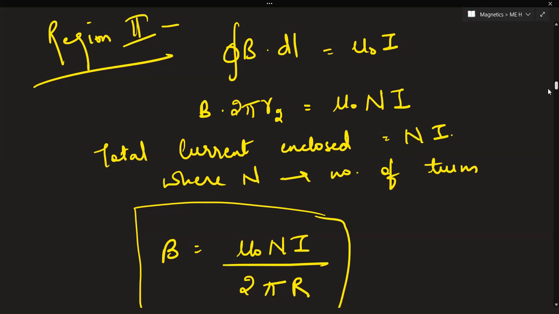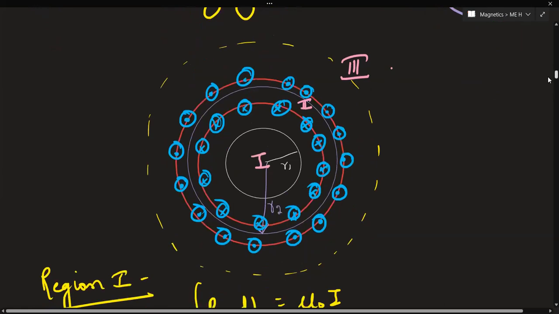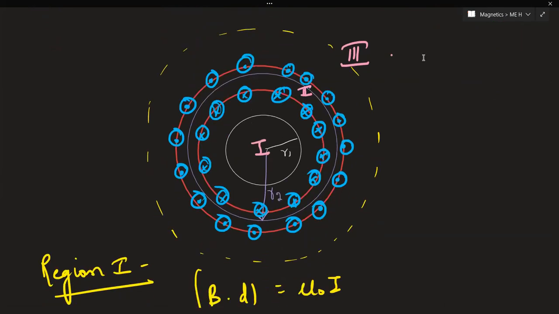On the right hand side, mu naught I we cannot write for a single turn. What if n number of turns are there? Obviously n number of turns are there. That's why we are considering it as a toroid. In the case of a toroid and solenoid, you don't have a single turn, you have a number of turns. So for all the turns, we write the current enclosed as N I. So just shift the value into the denominator, and B comes out to be mu naught N I divided by 2 pi r. Clear, Fahad? And inside and outside, these are 0. So ultimately, the magnetic field is this.